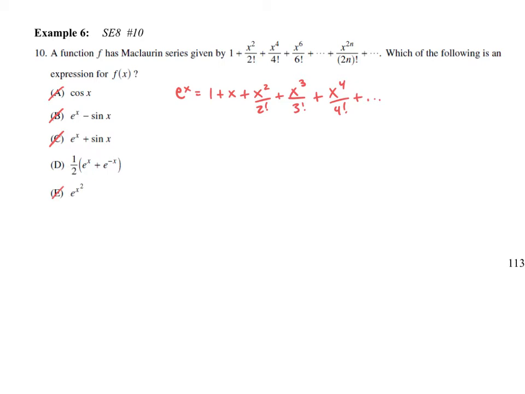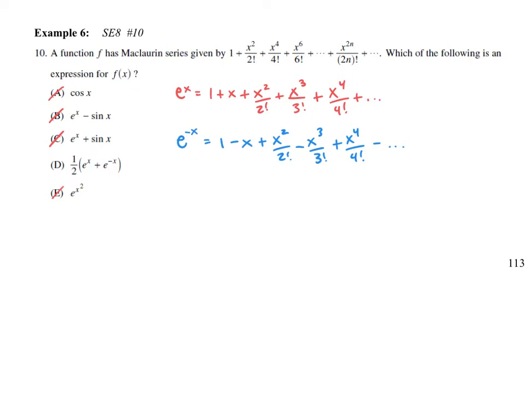If I was to take e to the negative x, so I was to take e to the x and substitute in negative x for all the values, I would get 1 minus x plus x squared over 2 factorial, I'm doing all the work at once here, minus x cubed divided by 3 factorial plus x to the fourth over 4 factorial, and so on. So what I'm doing is substituting in negative x for all of these x values in e to the x. That would represent e to the negative x.